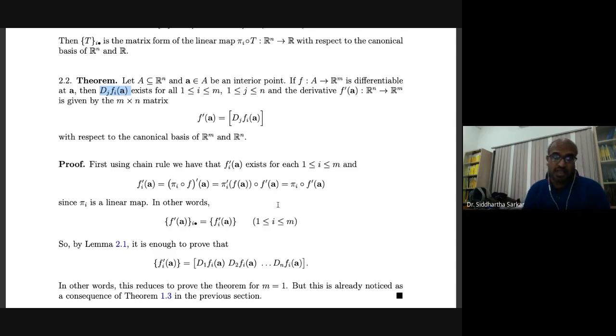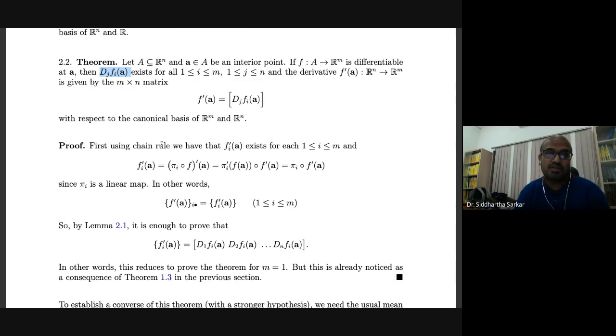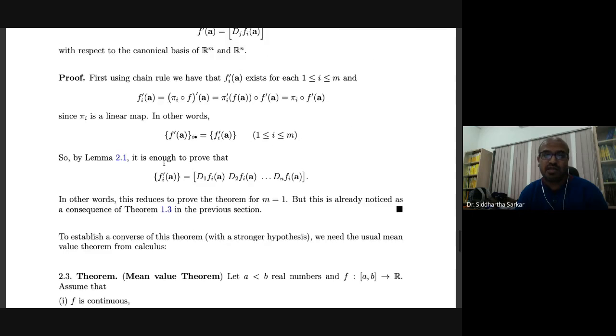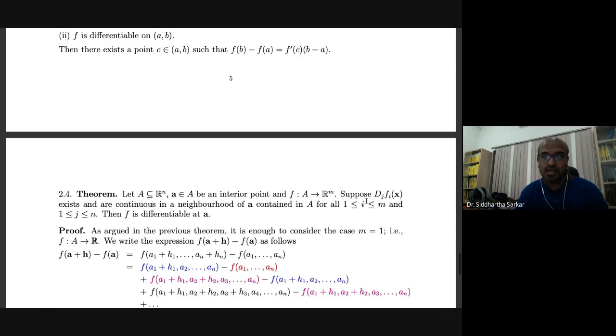What you need is the existence of partial derivatives not just at this point, but in a neighborhood of this point, and they should be continuous. So it doesn't exist just at the point, but in some neighborhood, and djfi as a function of x should be continuous. Assuming both of these gives you a converse of that.